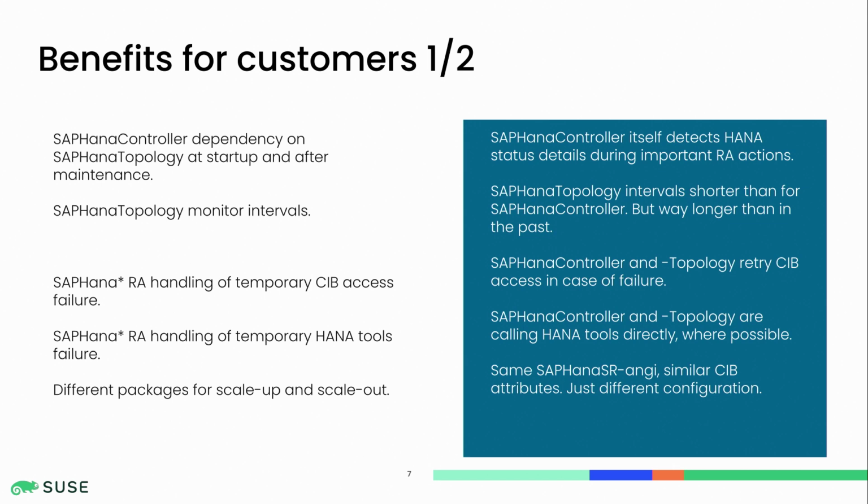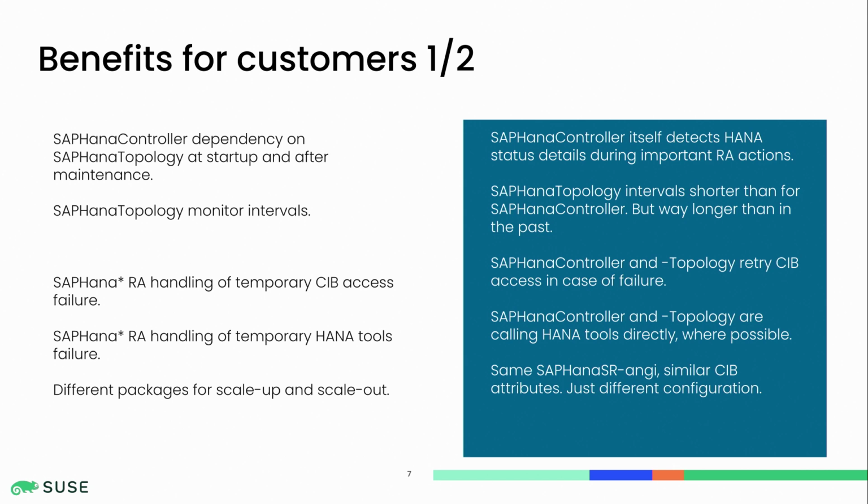Benefits for customers. So it's not only about refactoring the code and making our life easier. The basic idea was indeed to make your life easier. And Fabian already mentioned some aspects. Now we can address maintenance procedures better than we did in the past. We have improved monitoring intervals.